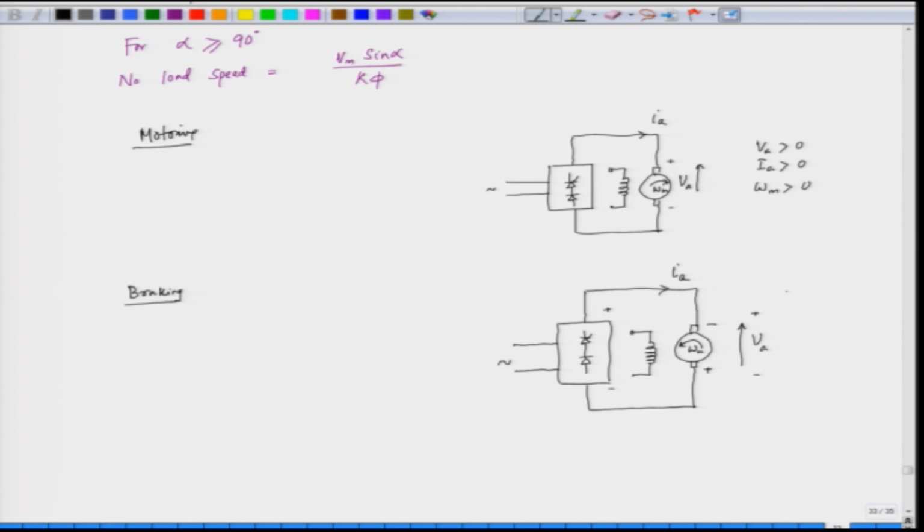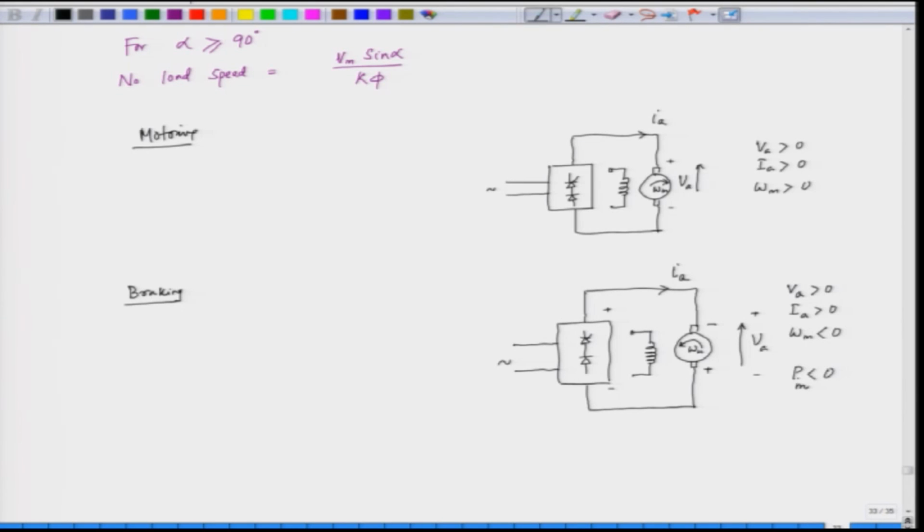So, what we have here is V A is positive, the current is positive here, the speed is negative, and the power of course here is negative, P is negative. So, this is the braking in this case, but unfortunately the power in this case cannot be fed back to the supply.